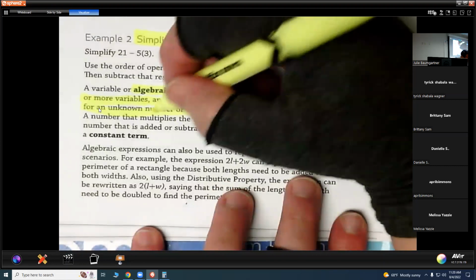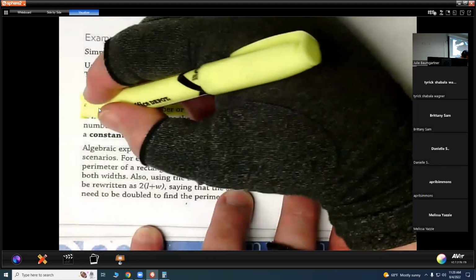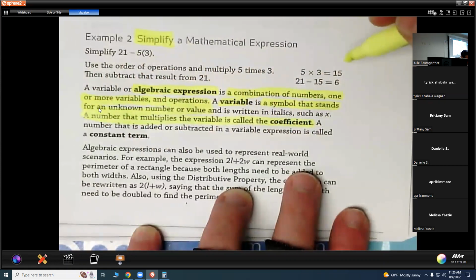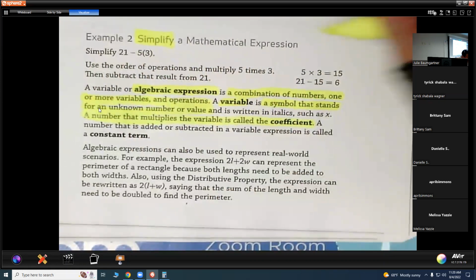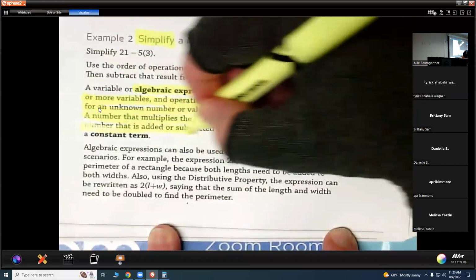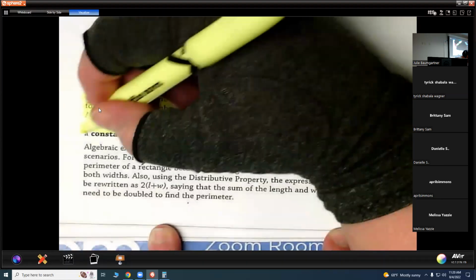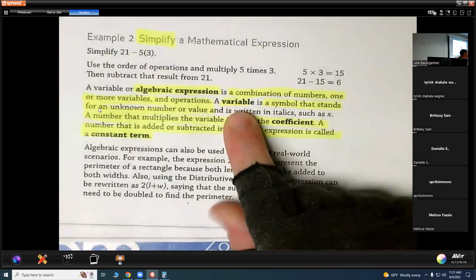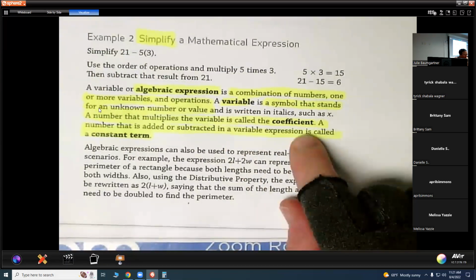So a number that multiplies a variable is called the coefficient, okay? A number that is added or subtracted in a variable expression is called a constant term, okay? So inside most algebraic expressions, you're for sure going to see a variable.